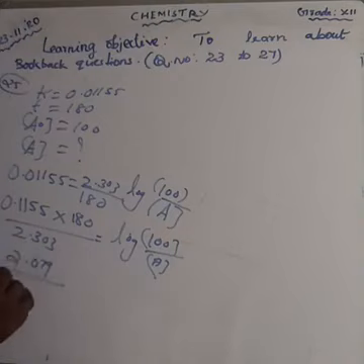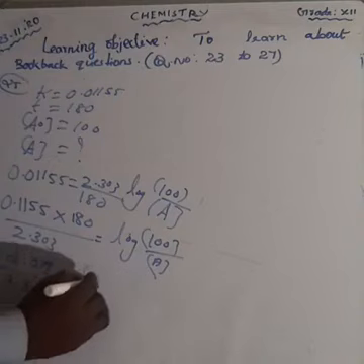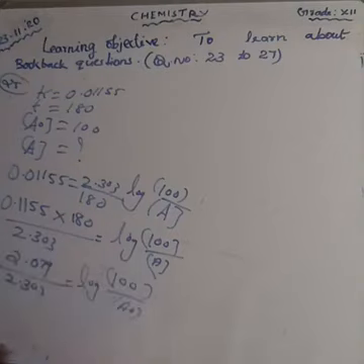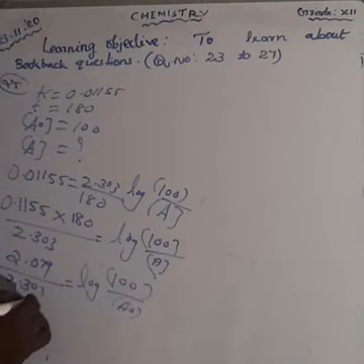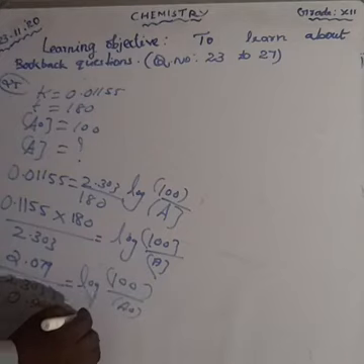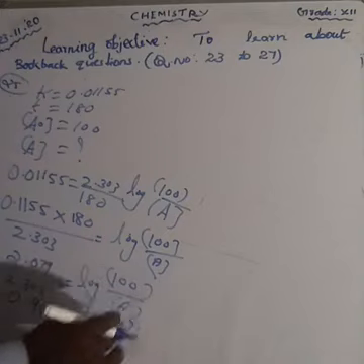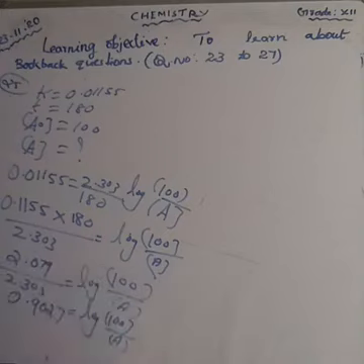Then 2.079 divided by 2.303 is almost equal to 0.9027, which is equal to log 100 divided by A.